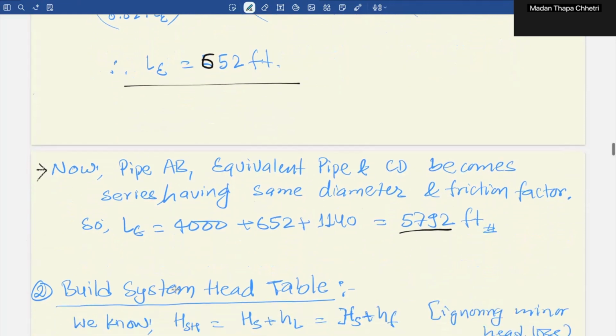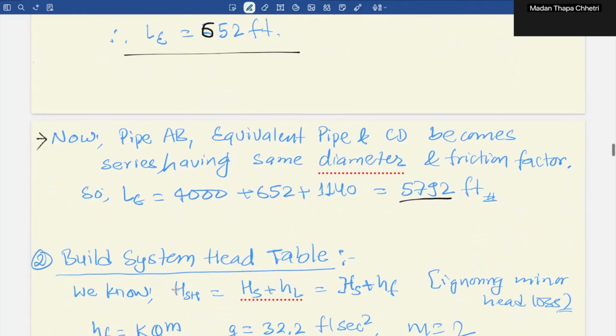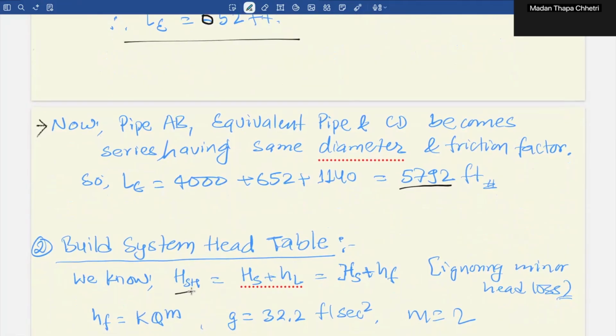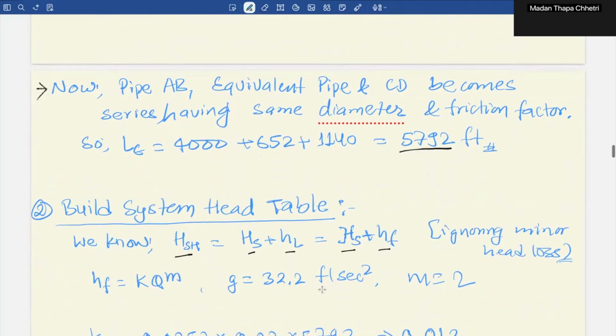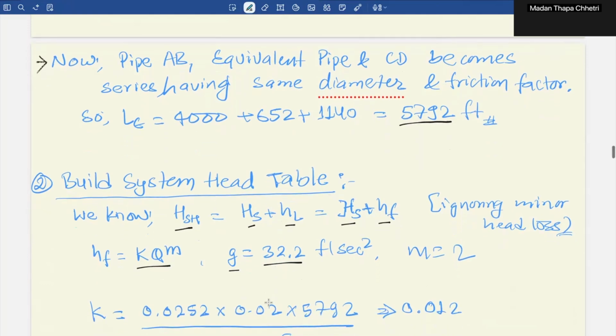So let us build the system head table. We know system head is given as static head plus HL and HS plus HF. Since the question assumes there is no minor head loss, again for HF we will be using K times Q to the power M. M is 2, and we also need to use G, which is 32.2 feet per second square.